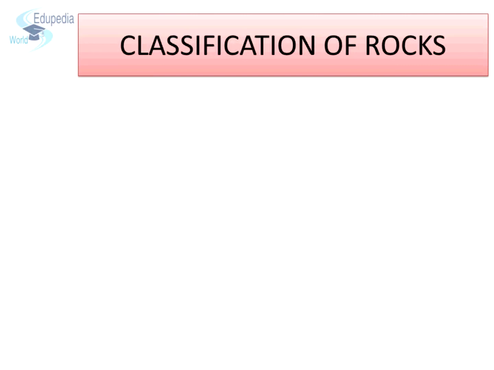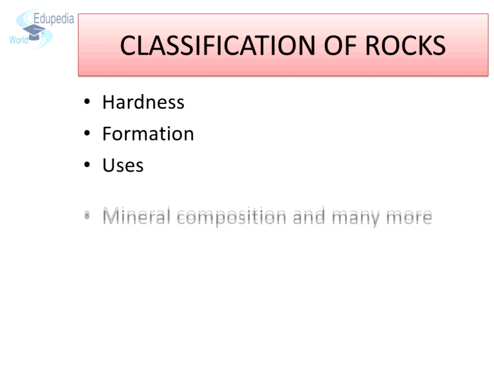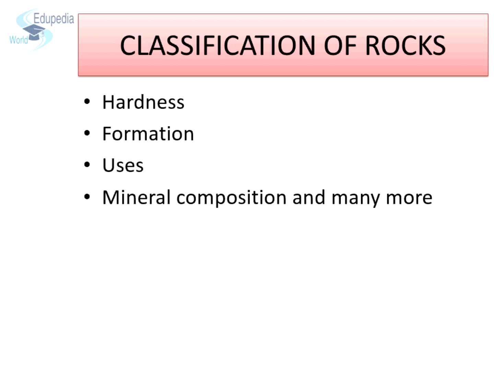There are more than 300 varieties of rocks identified by the geologists, which are found on the Earth's crust. These rocks can be categorized into various categories on the basis of their strength, hardness, location, formation, uses, mineral composition, and many more.